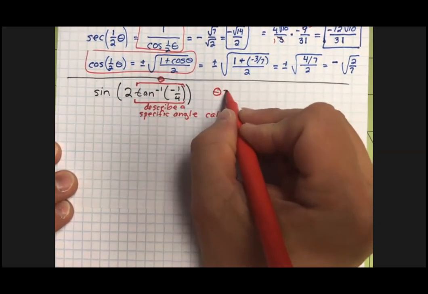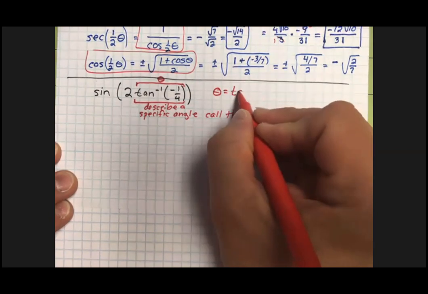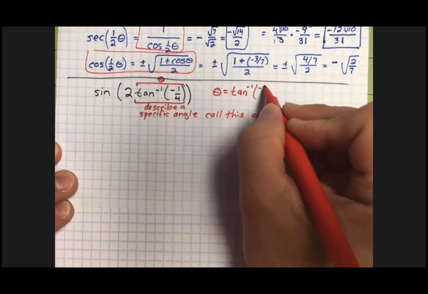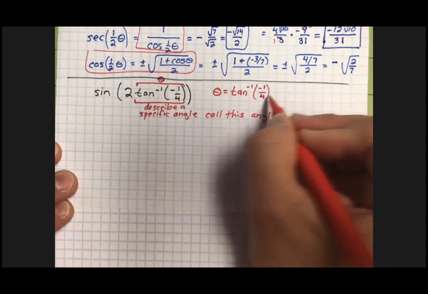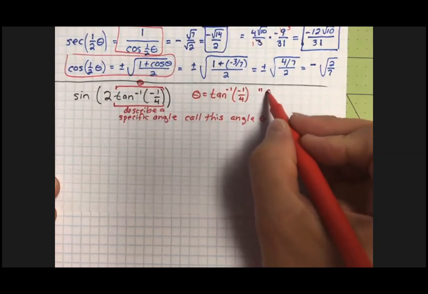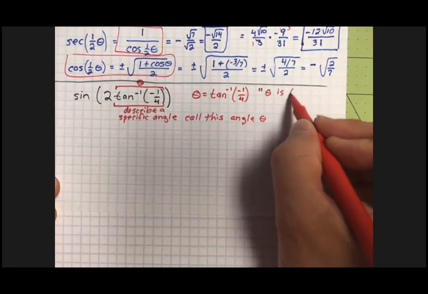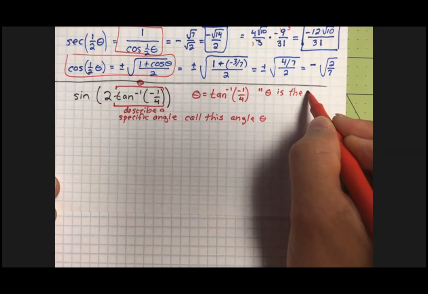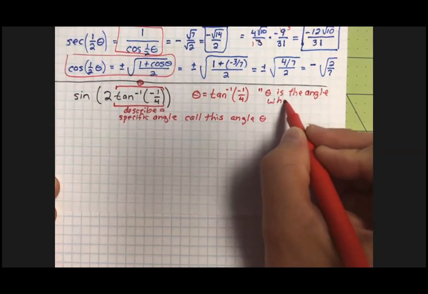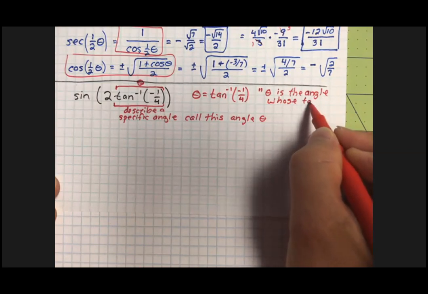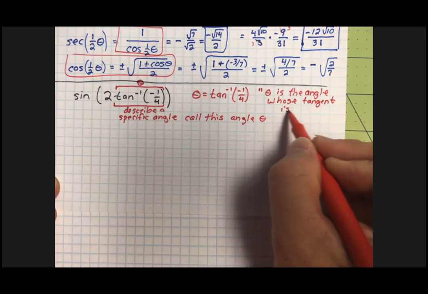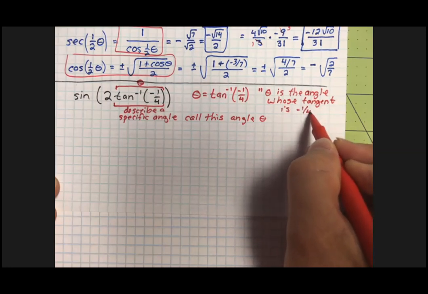When someone says theta is tan inverse of minus 1/4, what are they saying in English? Theta is the angle whose tangent is minus 1/4.